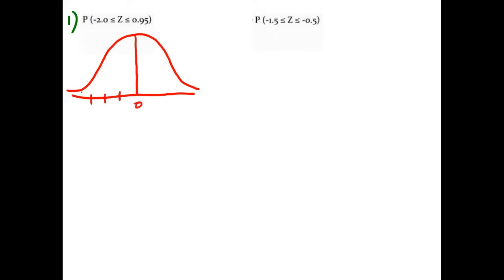So, for example number 1, mag-draw kayo ng normal curve. This is 0, 1, 2, 3, 4, 3, 4. Negative 2.0 ay nasa left. 0.95 nasa right. So, since we have 2 z-scores, ibig sabihin lang yan, gitna palagi.